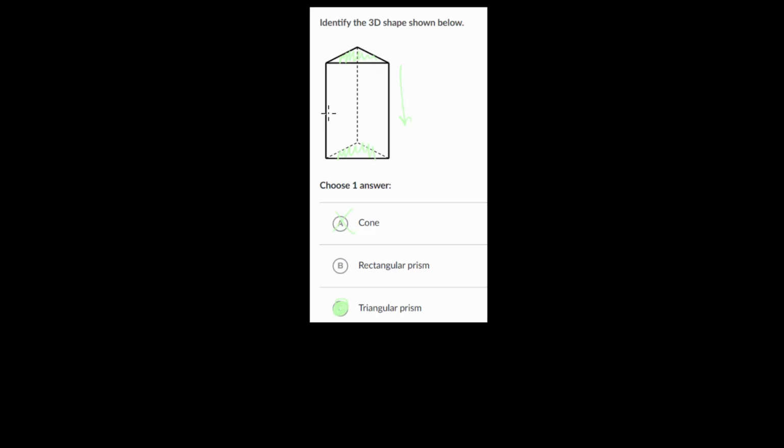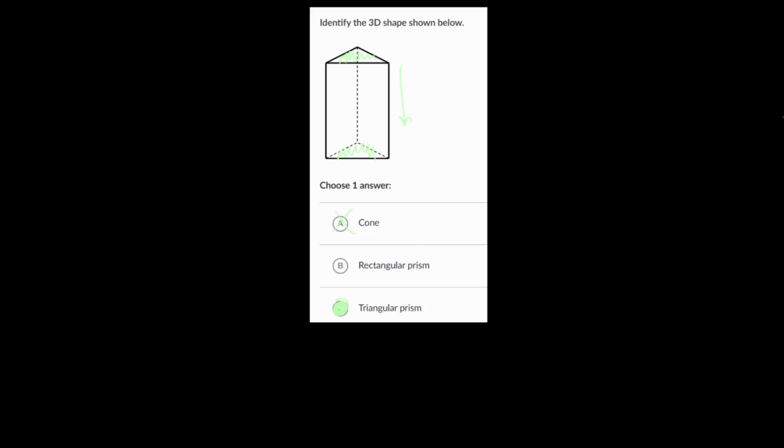So if we were to cut out a cross section of our shape as we go along this length, this cross section would also be a triangle. That's not drawn that well, but you get the rough idea. Because we can take one of the bases and slide it through perfectly, we know it's a prism, and it has a polygon as the base, specifically a triangle.